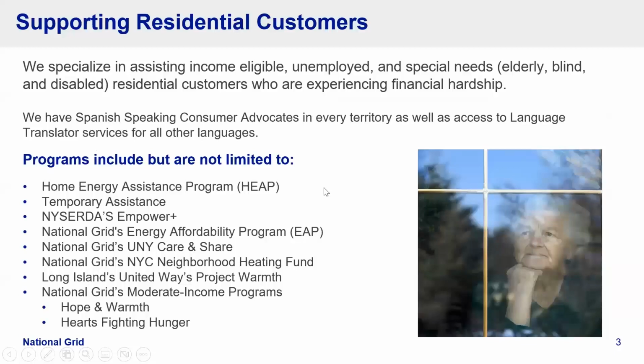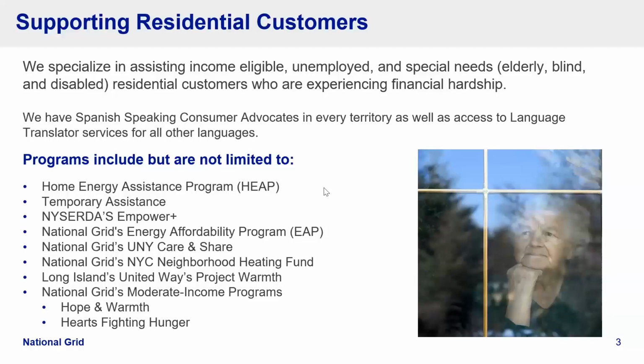We specialize in assisting income eligible, unemployed, and special needs clients who are experiencing financial hardship. I talk to a lot of people experiencing a one-time medical hardship. They may have gotten into a car accident or were sick with COVID, so they just need a little extra time or assistance, not always longer term payment agreements.